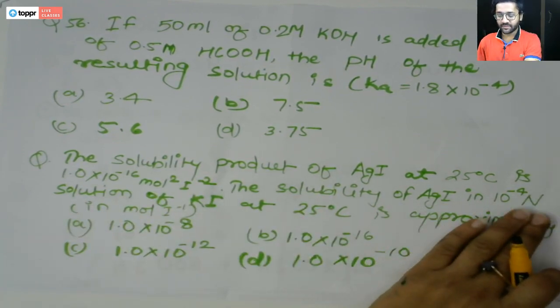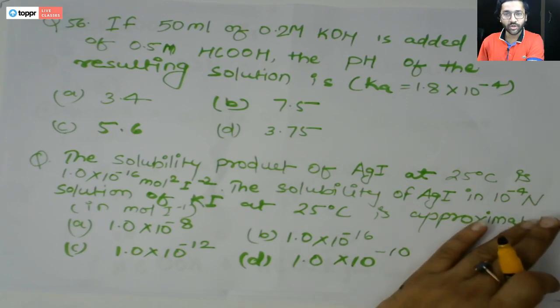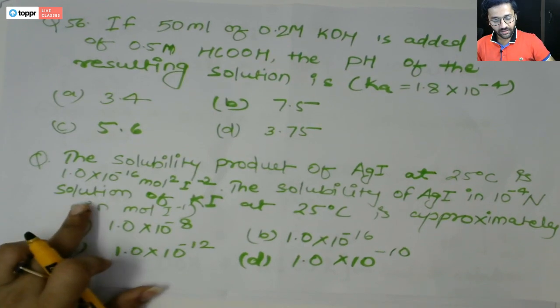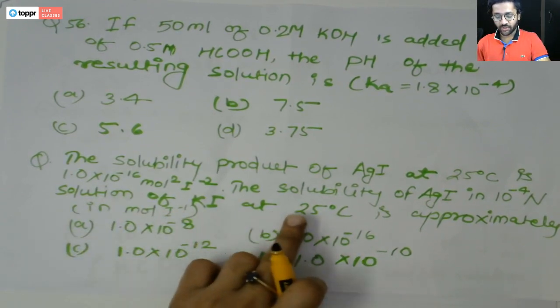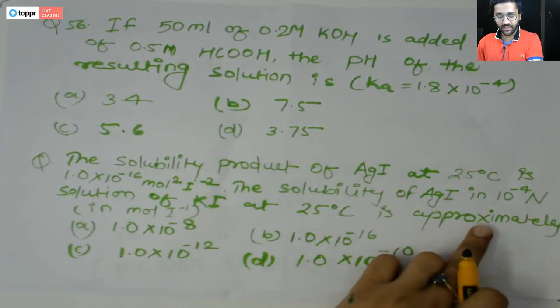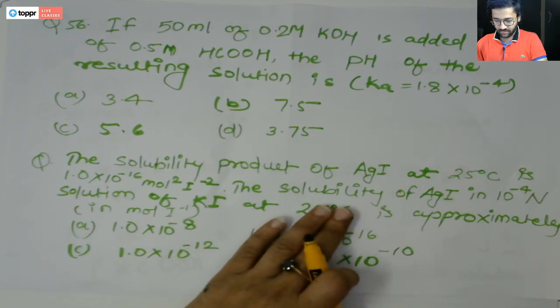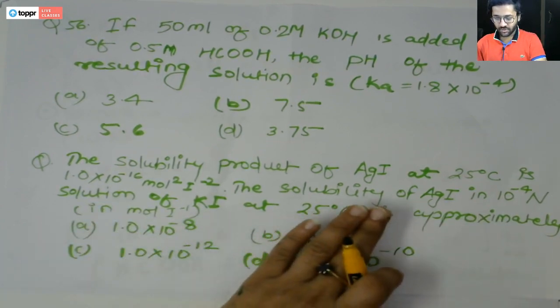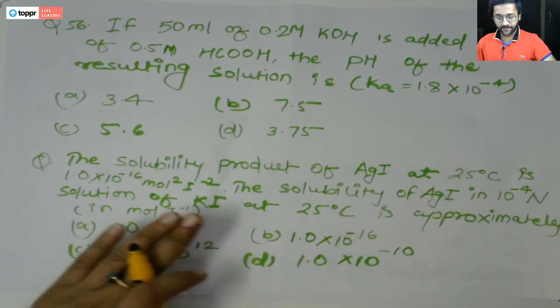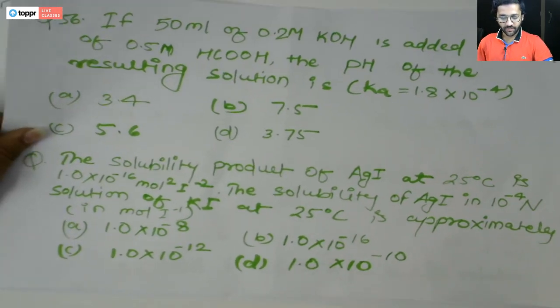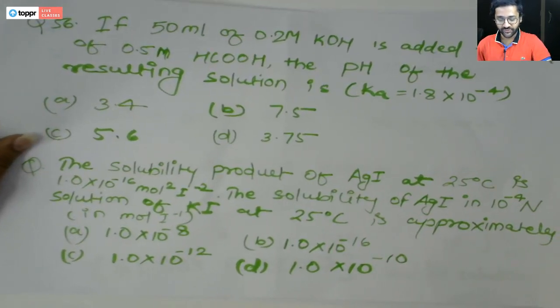Here molarity and normality will be exactly the same for AgI. Now what we are asked to find out is the solubility of AgI. Alright, so we need to calculate that. Let's see how we proceed.